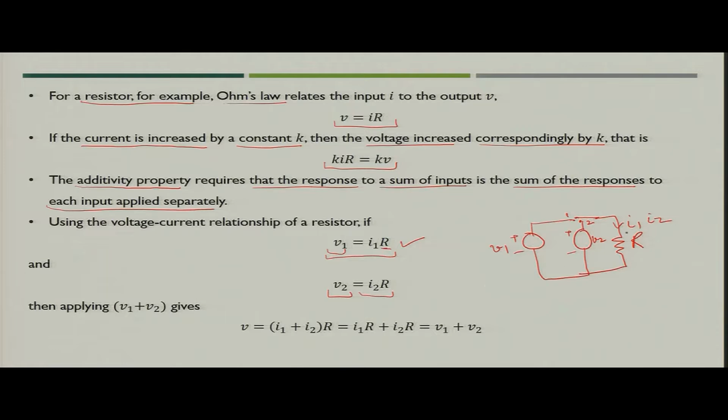So, V2 would be I2 into R. Now, when you apply both V1 and V2 at the same time, the current should be the sum of individual currents provided by individual voltages, and it will follow the equation V1 plus V2 equals I1R plus I2R. This is basically called the additivity property, meaning you can add the responses of the individual voltage or current sources and get the final response, which may be in the form of current or voltage.